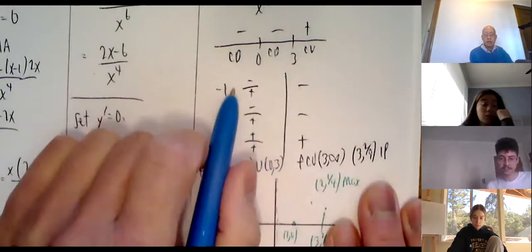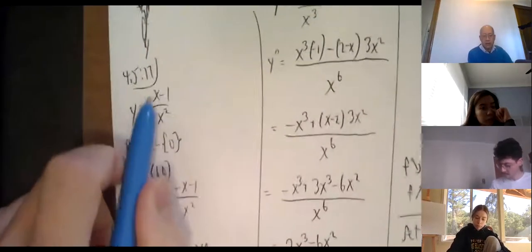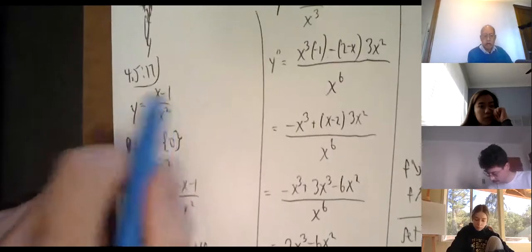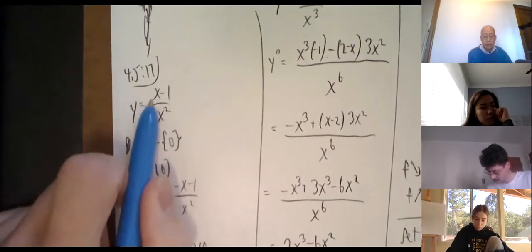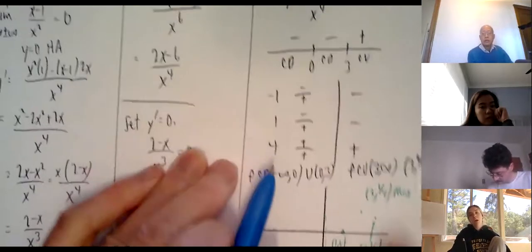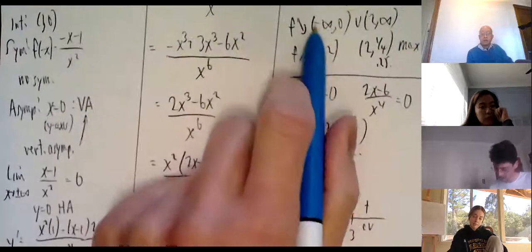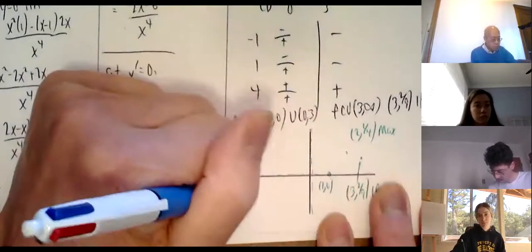Okay, decreasing, concave down. And by the way, let me just go ahead and plug in some negative. If I plug in, let's say, negative 1, this quantity is negative, right? And it's over here. From negative infinity to 0, decreasing, concave down, asymptote, asymptote.